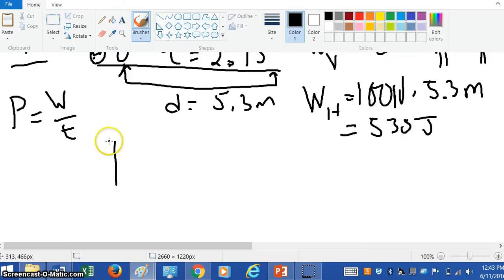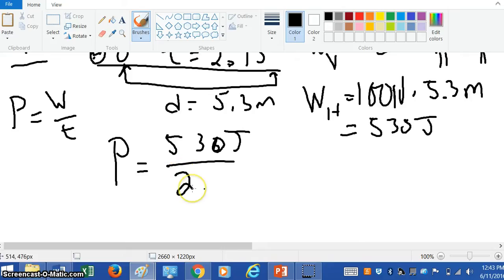So the power is equal to the 530 joules divided by the time, which is in this case 2.9 seconds. And so that power will come out in joules per second, of course.